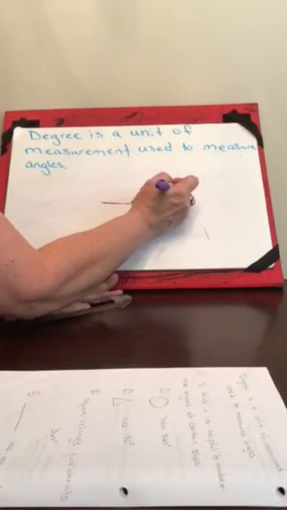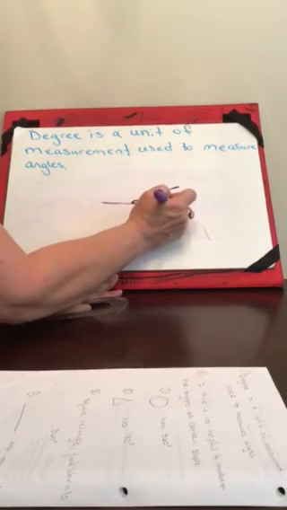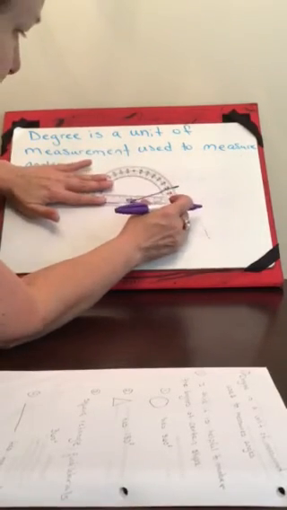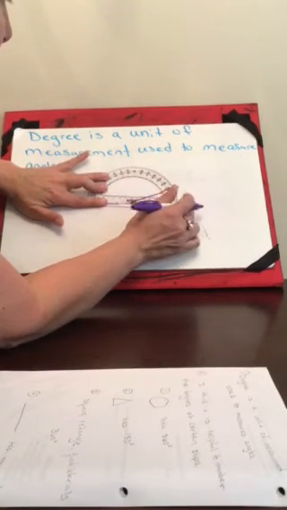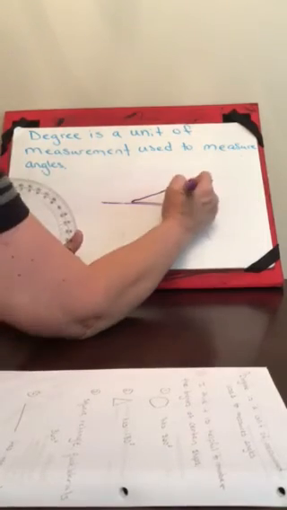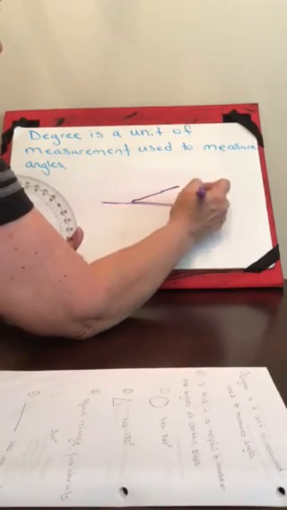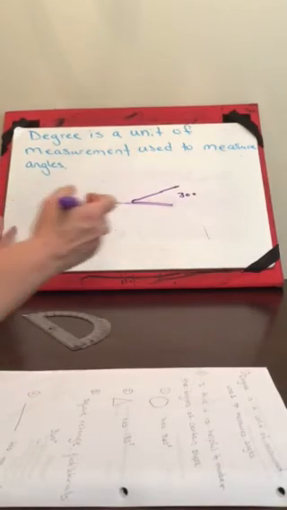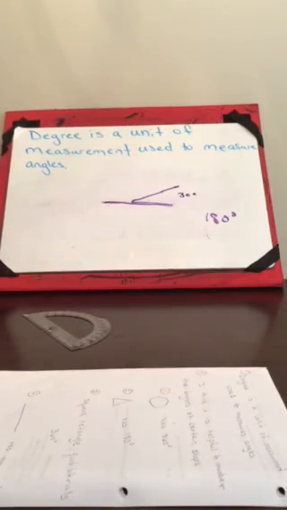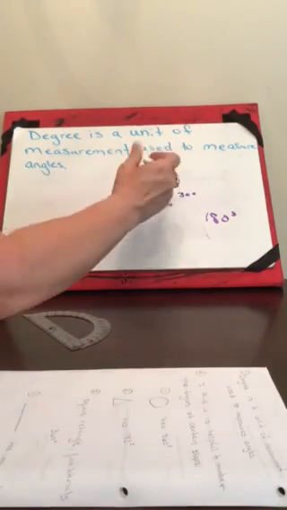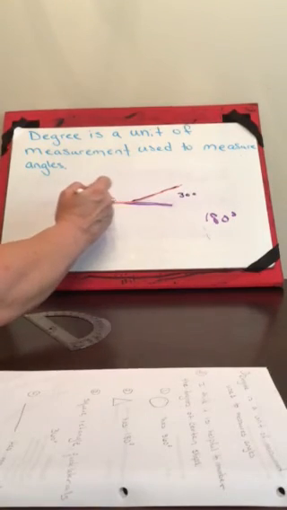Now, so this one we said, I'm going to measure this correctly, put that there on my vertex, and this is about a 30-degree angle, okay? It's a 30-degree angle. So now I know my straight line here is 180. And therefore, I know that this obtuse angle, you see this obtuse angle here? This is made up of two angles.